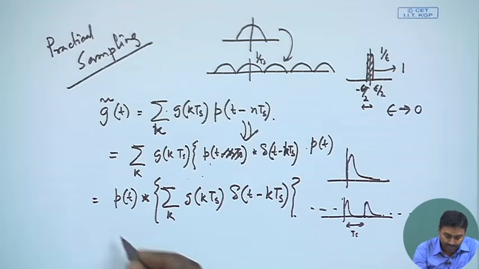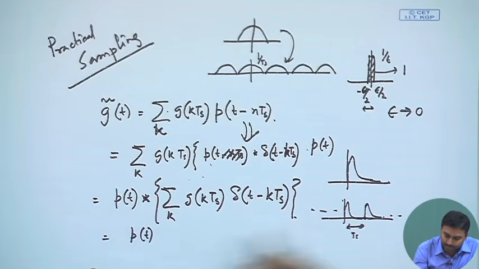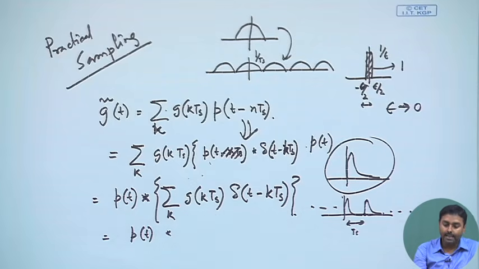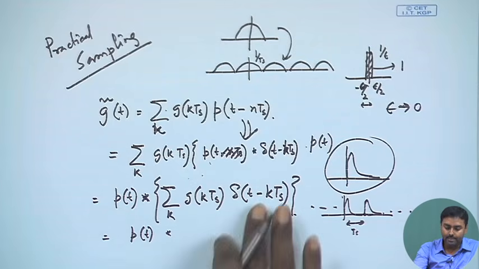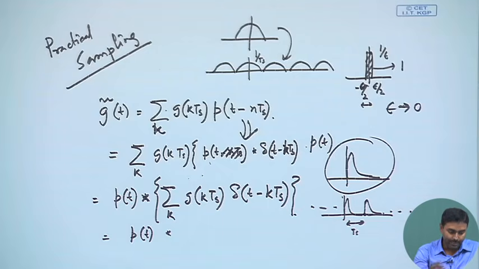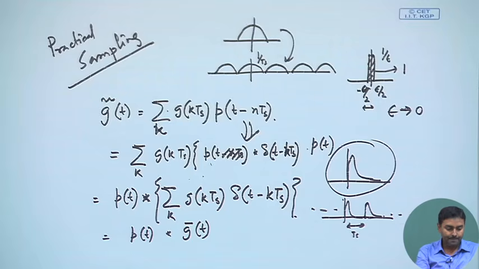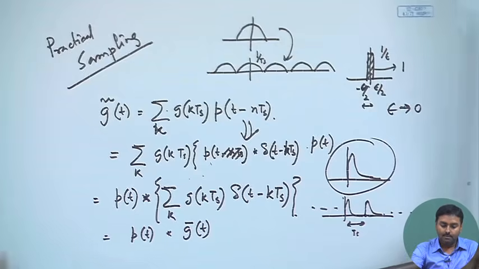So, I can write that it is nothing but p(t), this pulse, convolved with, and here we are going back to sampling with the delta train, for mathematical representation, this we can write as g bar(t). So, that is what happens whenever we sample with any arbitrary pulse. So, we are theorizing it so that we can sample with any arbitrary pulse, and then we can take some finite width pulse probably.